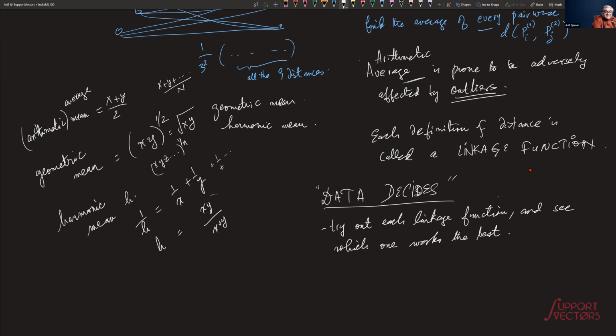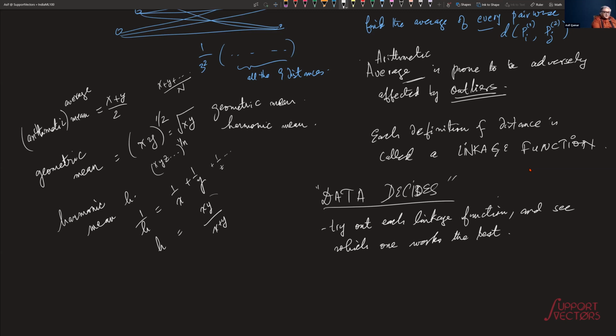I'll leave that as homework for you. Also see how you can change from one to the other. But at the end of it, these are all different flavors, variations, or dialects of the same algorithm, which is hierarchical clustering.